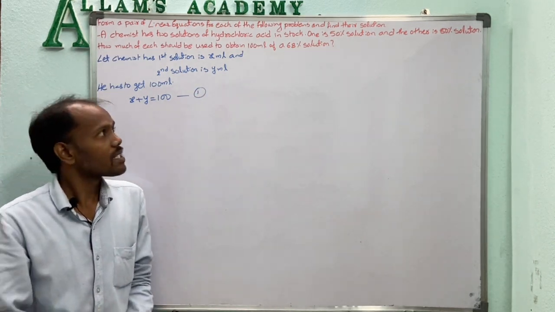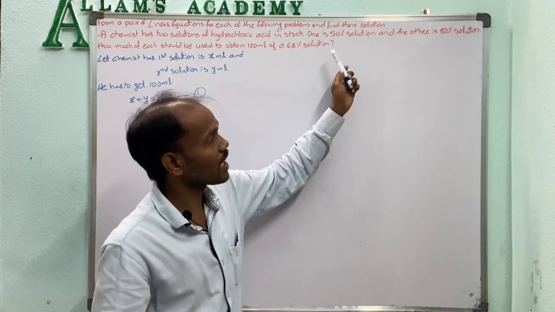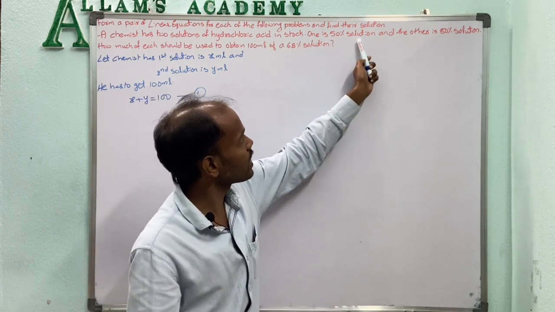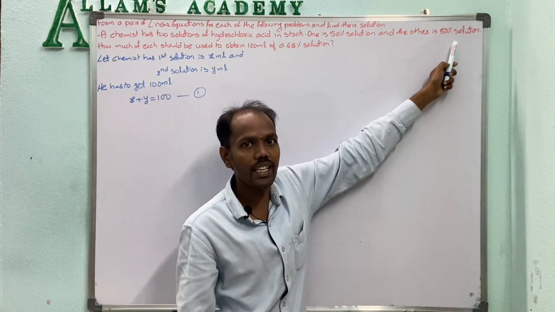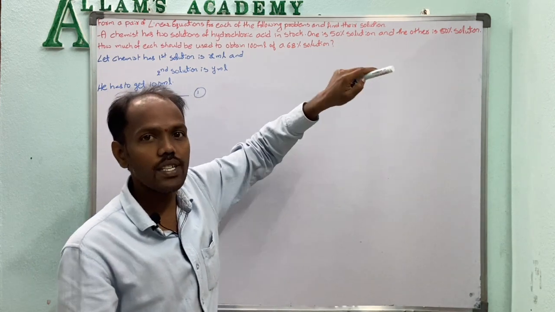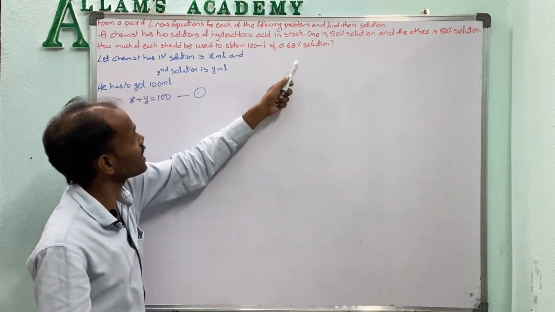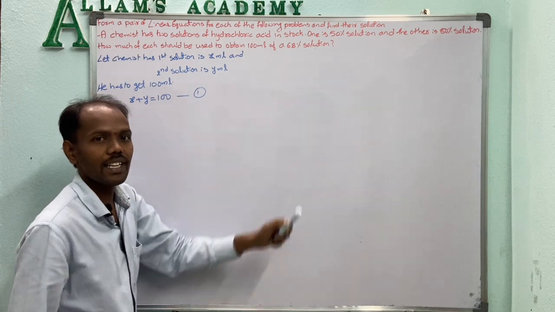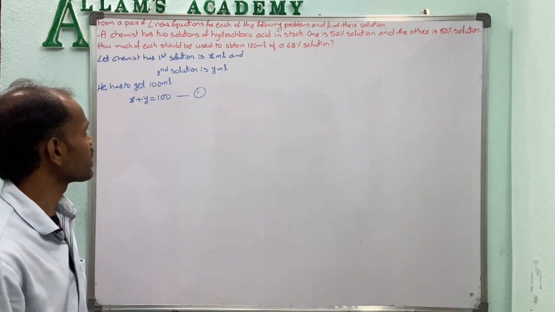Now the second equation: one is 50% and another one is 80% solution. When the solutions are mixed, he gets a 68% solution, that is given.